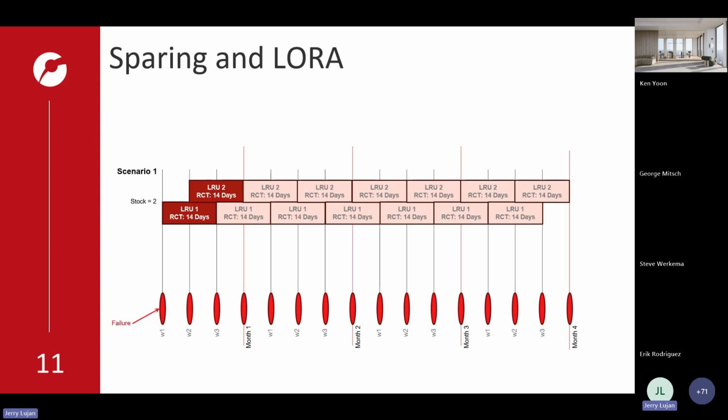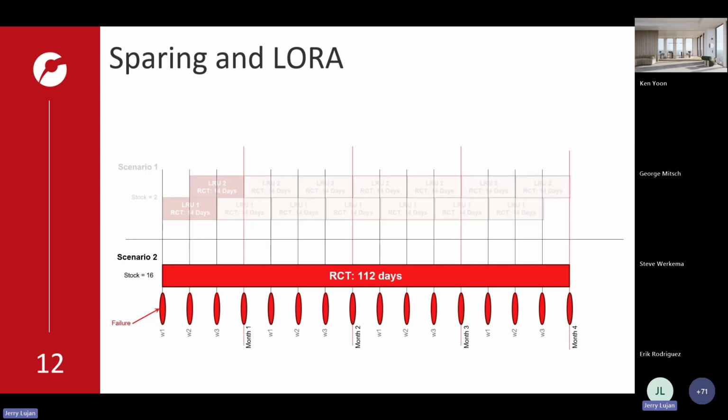And that needs to be part of the LORA consideration by something like this, right? Where we have a part that is very long to be repaired. And so if we have a high failure rate, well, we're going to need a lot of stock for that. And if it's that amount, well, maybe the transit time and maybe the repair cost and the effort and the line space at the depot and all these sort of things might make that an invalid choice for a repair.